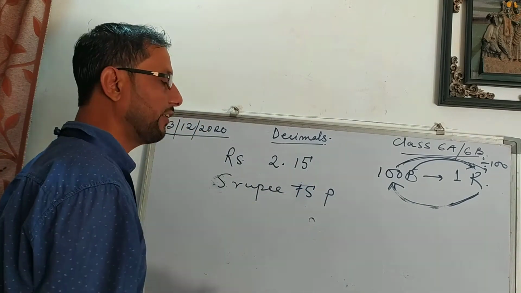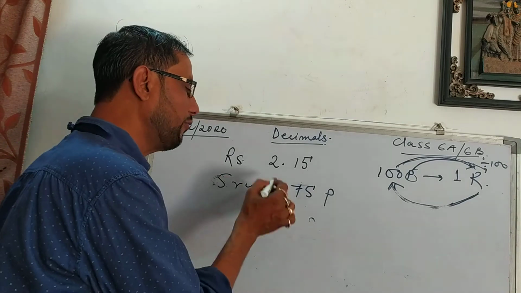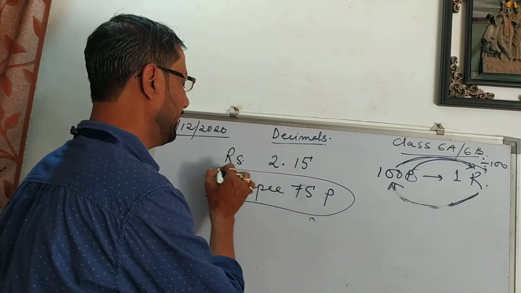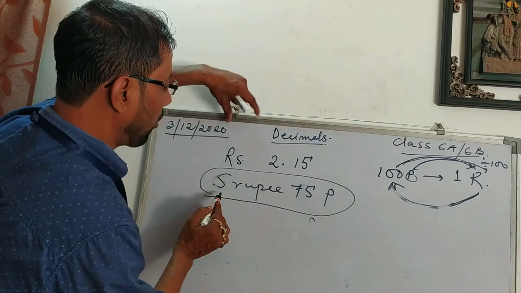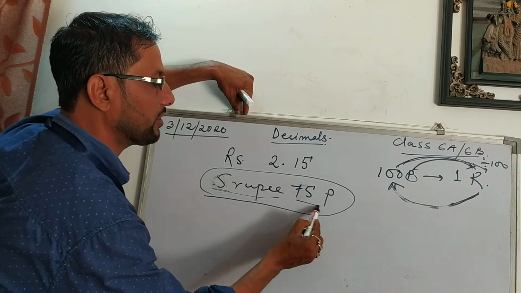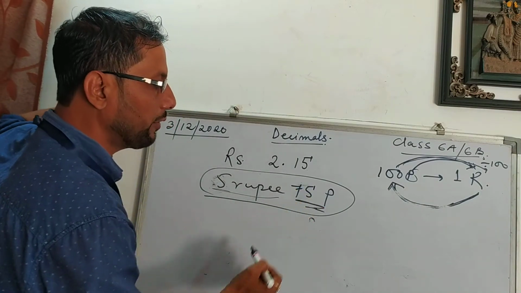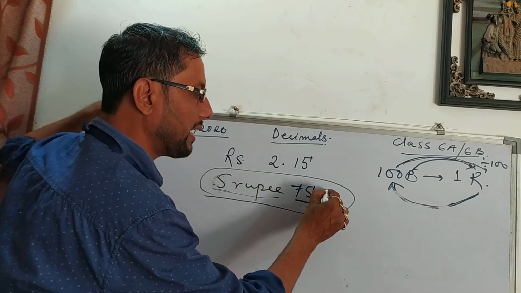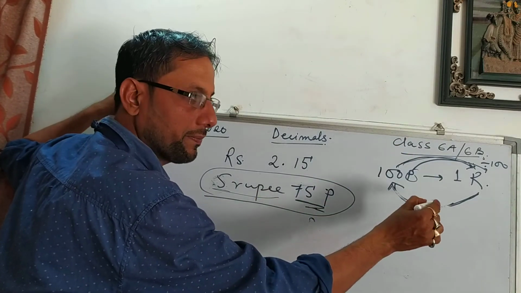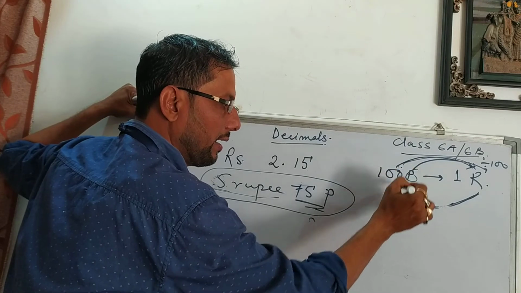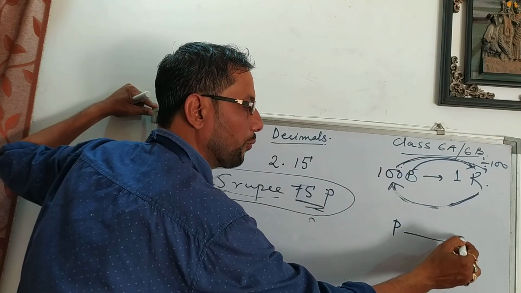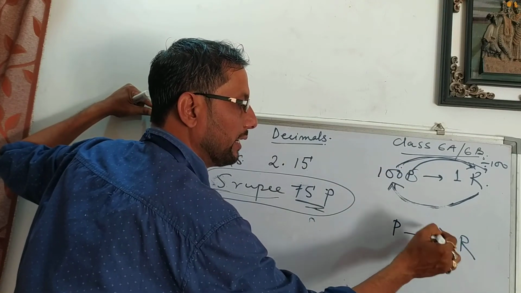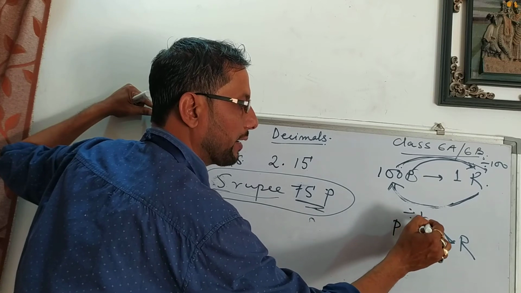How will we convert this whole into rupees? This part is already in rupees. I will convert the paisa into rupees. As we have already discussed, I am converting paisa to rupees. That means I will divide by 100.